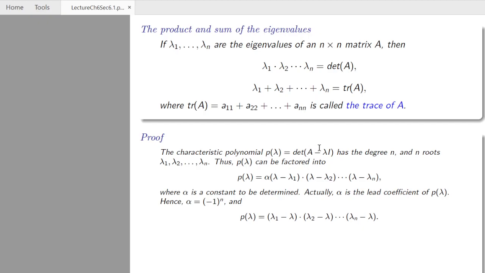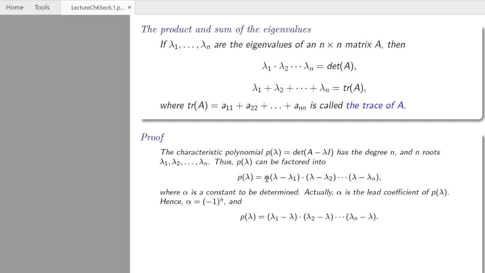Now, those n terms make a product, and we get the power of negative lambda to the power n. So in that way, we can say alpha here equals negative 1 to the power n, the leading coefficient of P(lambda).